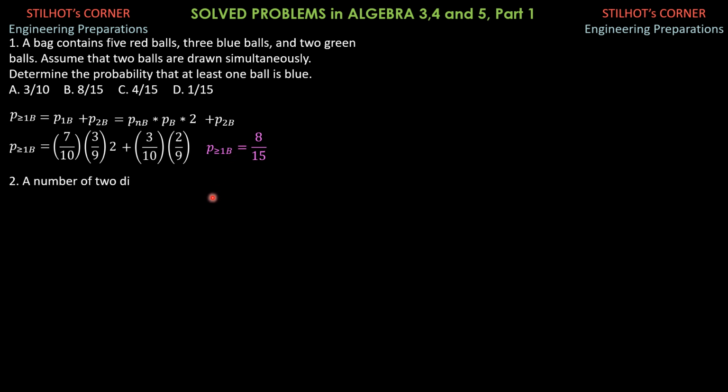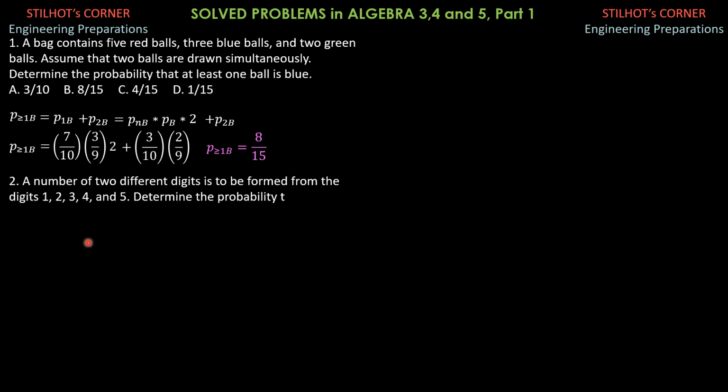For the second problem, a number of 2 different digits is to be formed from the digits 1, 2, 3, 4, and 5. Determine the probability that the number is greater than 34. So we have to analyze that the total number of outcomes is the permutations of 5 digits taken 2 at a time.